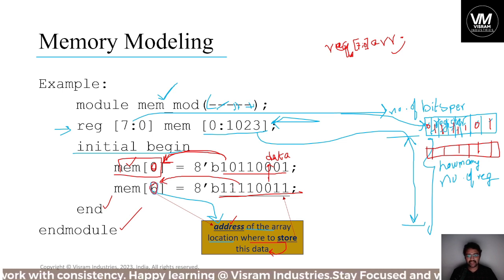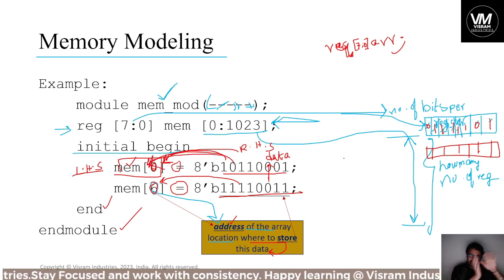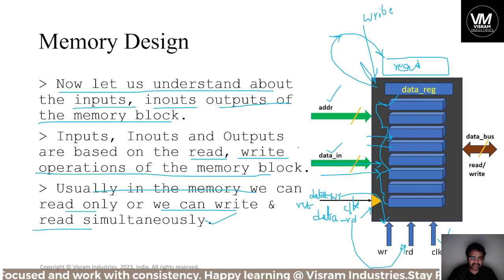Understood, guys? So that is the meaning of equal to symbol. RHS value is considered into the LHS value. So what are we doing? We are sending data to mem. So we are writing, actually we are sending data to the memory location.